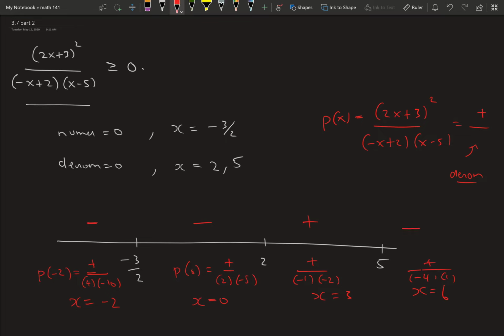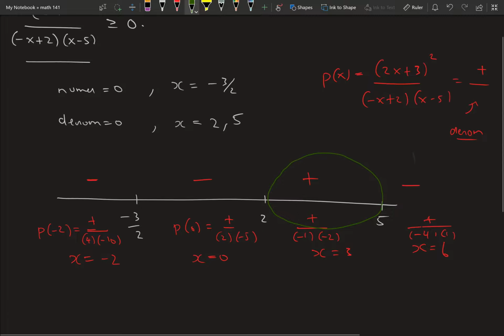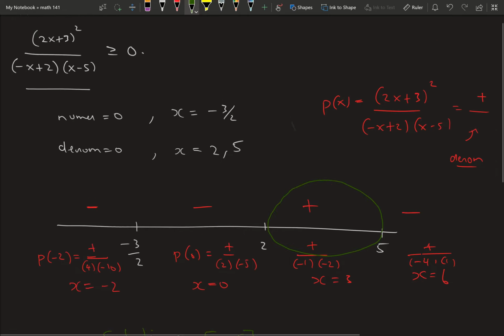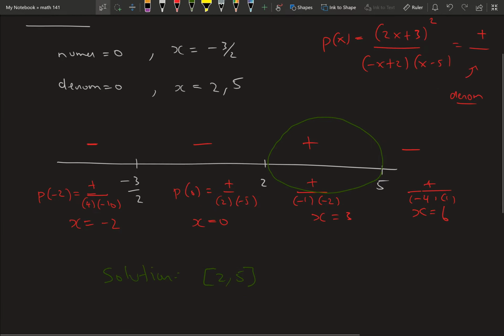So we have overall negatives everywhere, but what we want is just the positive part. So we end up with this part circled in green. So our solution is the interval 2 to 5, and we include the endpoints because we have a greater than or equal to sign.